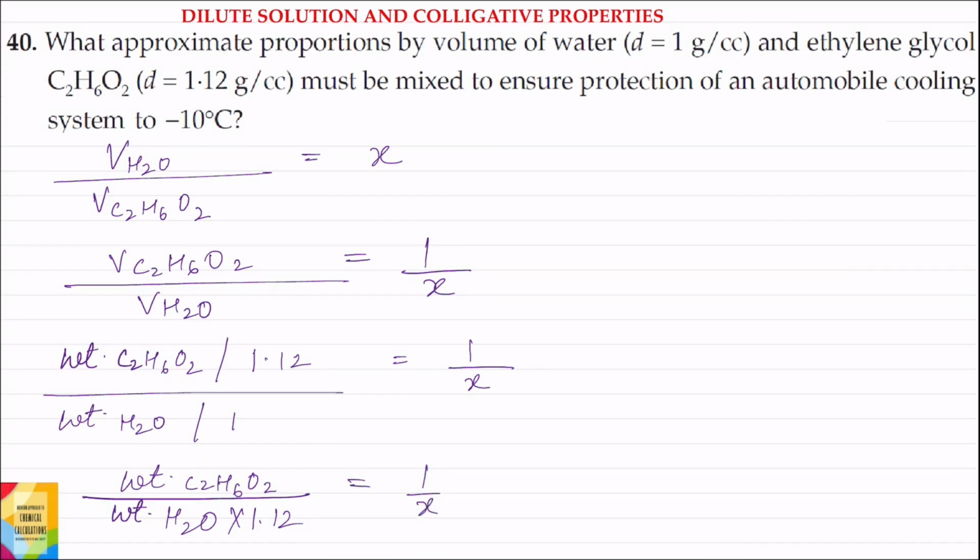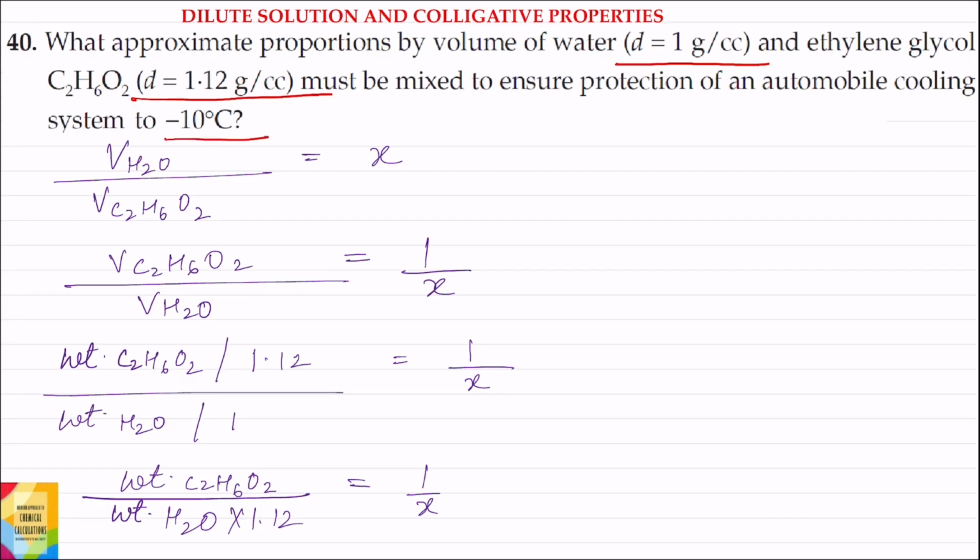What approximate proportions by volume of water, density of water given is 1 gram per centimeter cube, and ethylene glycol C2H6O2, density given is 1.12 gram per centimeter cube, must be mixed to ensure protection of an automobile cooling system to minus 10 degrees centigrade.